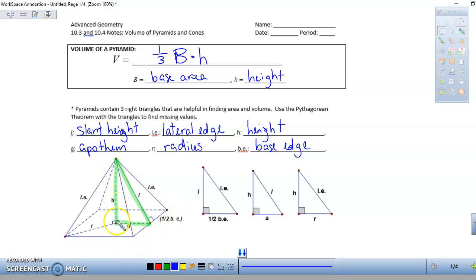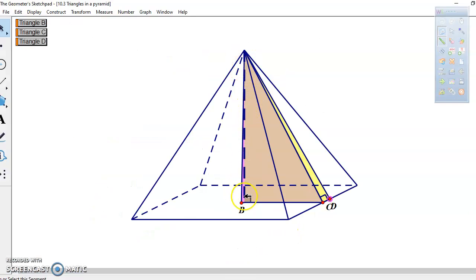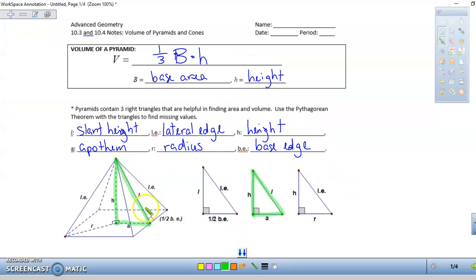So this first triangle, we have the height, the apothem, and the slant height. So height, apothem, slant height would be this one. So you can kind of separate it out if that's helpful to see it a little better. Here's a little sketch as well. Shows it shaded in the middle. Okay, second one we're going to look at is also involving the slant height, and the lateral edge, and then half the base edge.